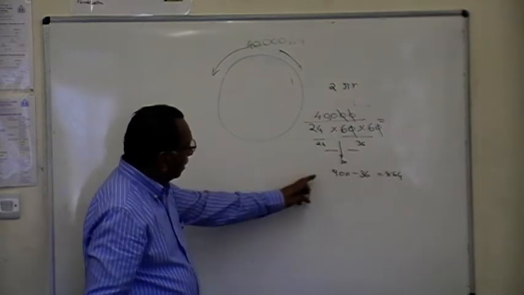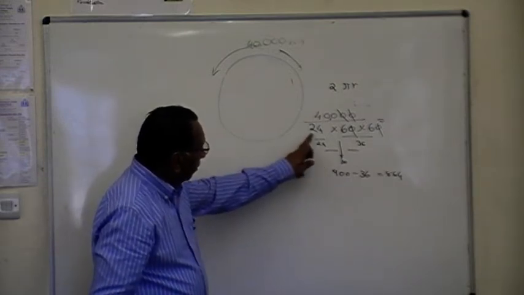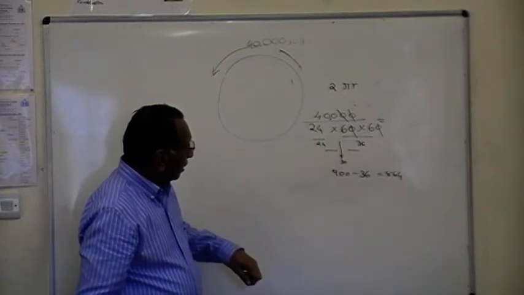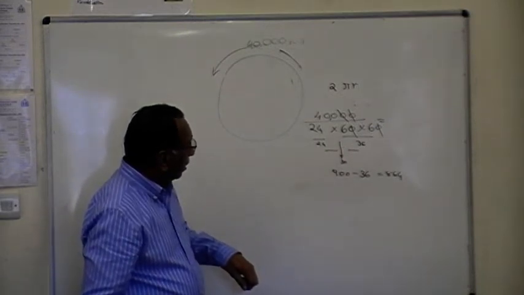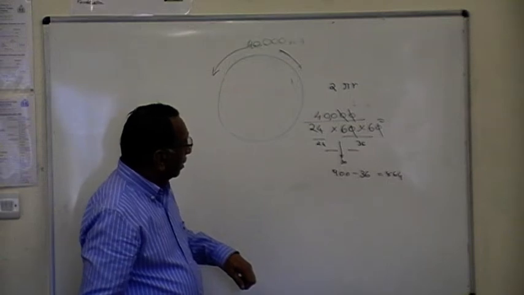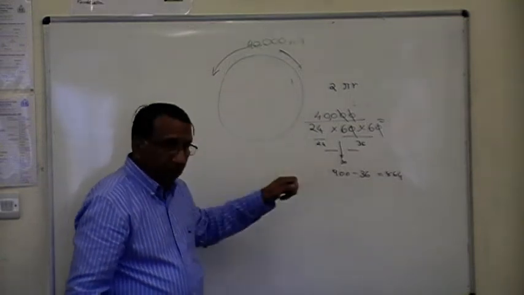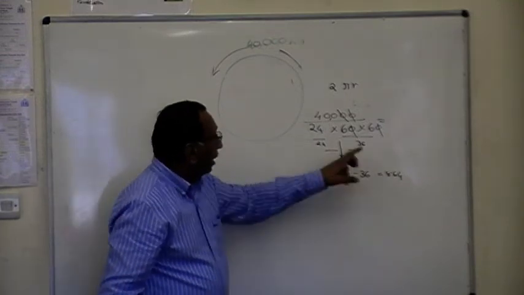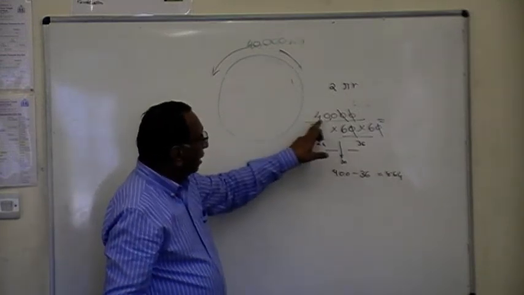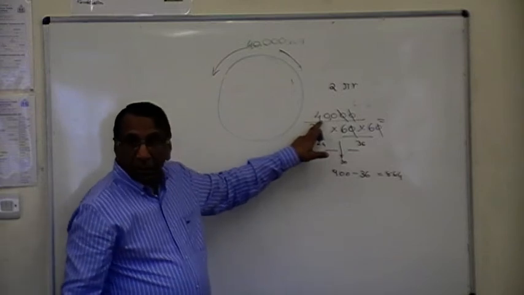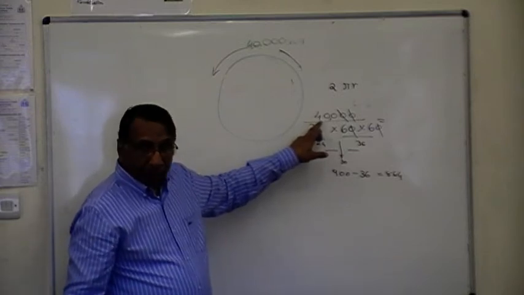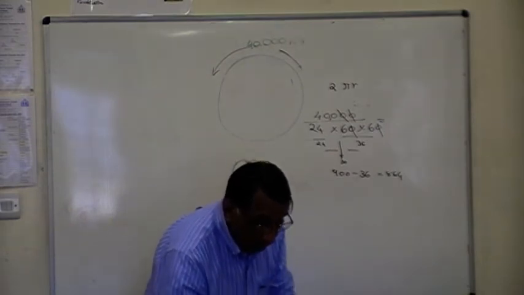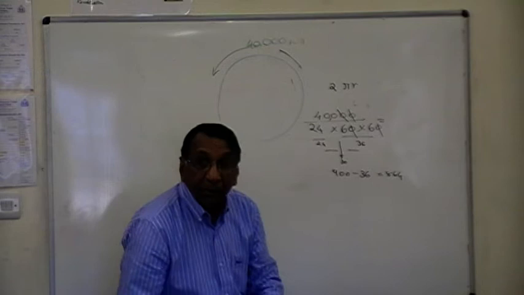Is it too much? 24, 36. 30 square is 900. So it's right. So we haven't got the right answer. That's why I'm worried. 864. Yeah, that's correct, but we are not getting the right answer for the kilometers. Kilometers per second. Isn't it then 400 divided by 864, that's 0.5 kilometers?